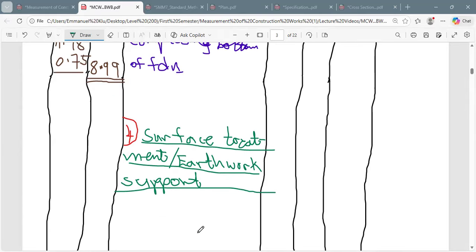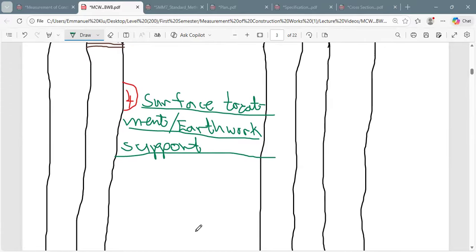So the surface treatment or earthwork support, we can now start.